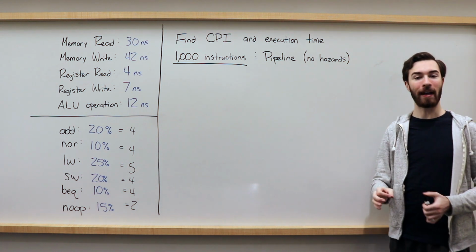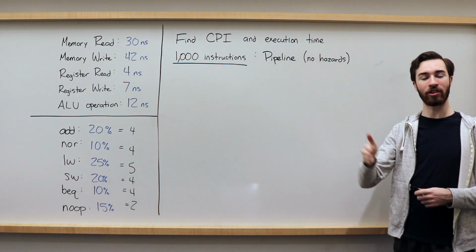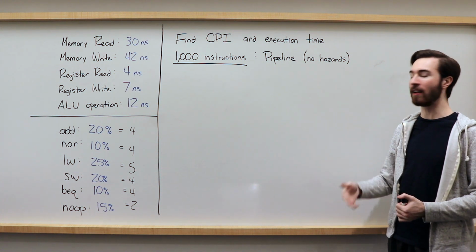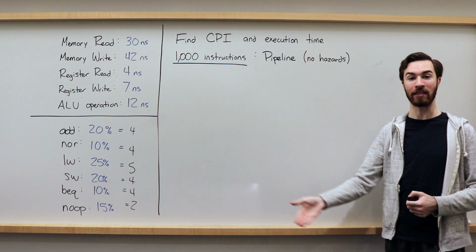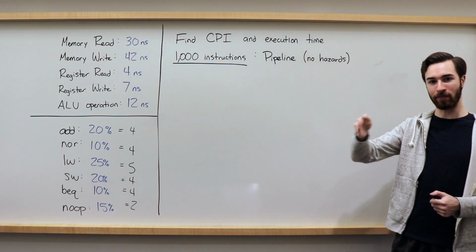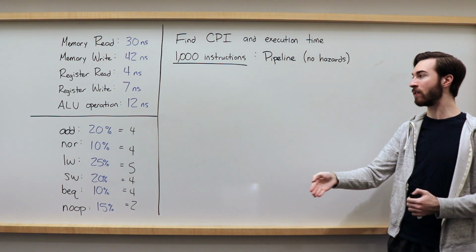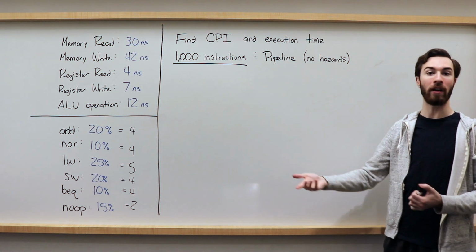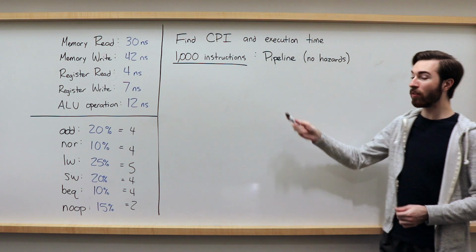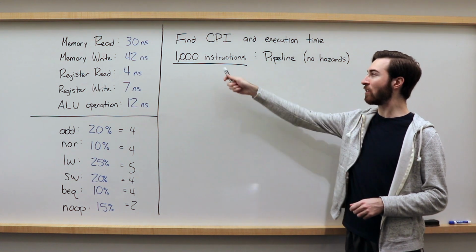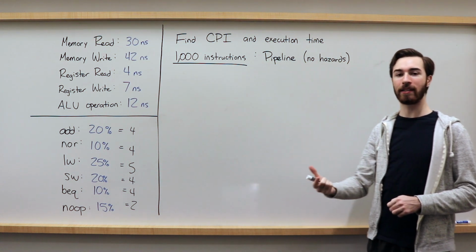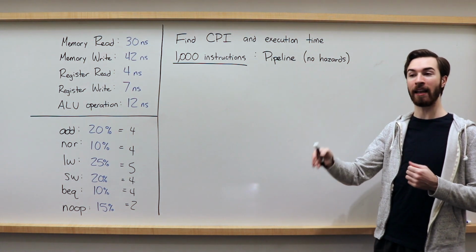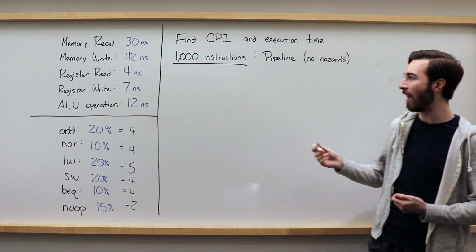Now the idea of the pipeline is that because it executes instructions in stages, it should take about one cycle to execute each instruction. Because every instruction moves down the pipeline one step every single cycle, and instructions are inserted into the pipeline at a rate of 1 every cycle. So the number of cycles that it takes to execute is just the number of instructions plus a few extra cycles to give us time to fill the pipeline at the beginning before instructions start completing at the end.